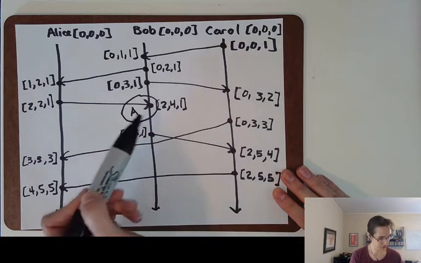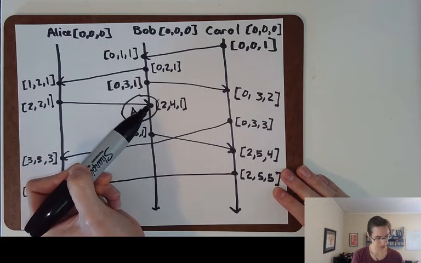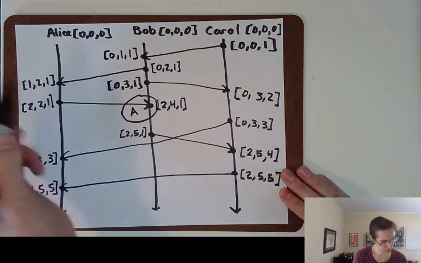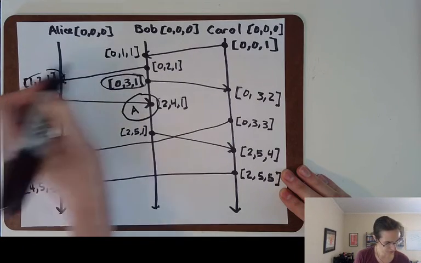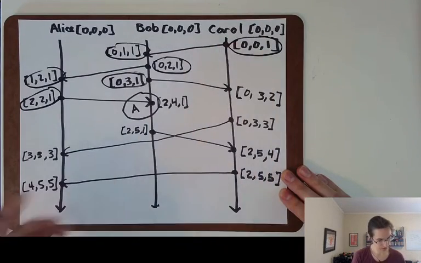So that one is also in the causal history of A if you follow the path through the Lamport diagram here. So we have a bunch of events here, and I'll just circle the vector clocks of all the events that I can see that are in the causal history of A.